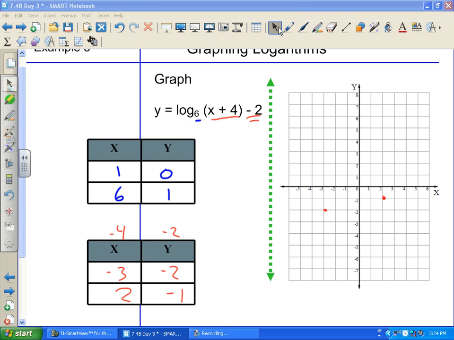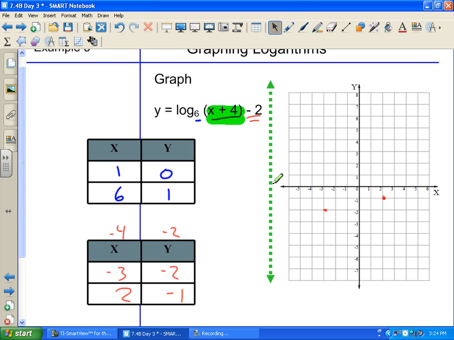If you thought that your domain restriction in this case is opposite x, because we're talking about domain restrictions, give yourself a pat on the back because you are correct. Our vertical asymptote will be dictated by our change in x. So our vertical asymptote will be at -4.